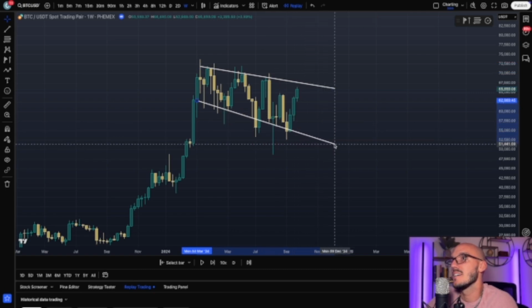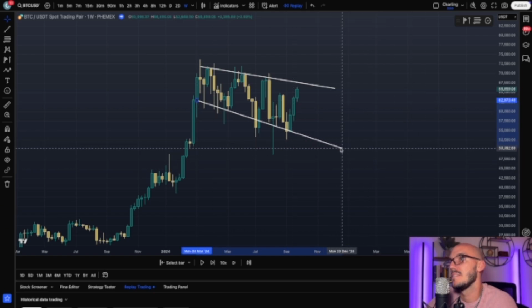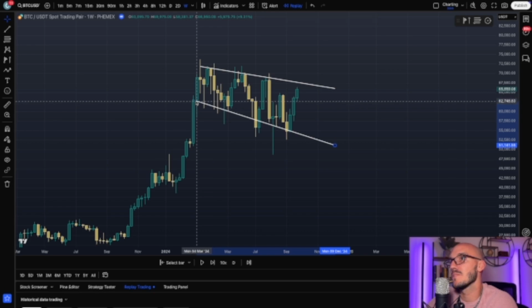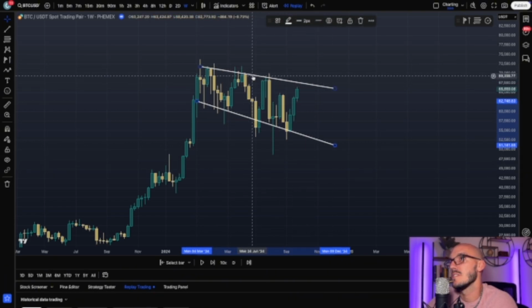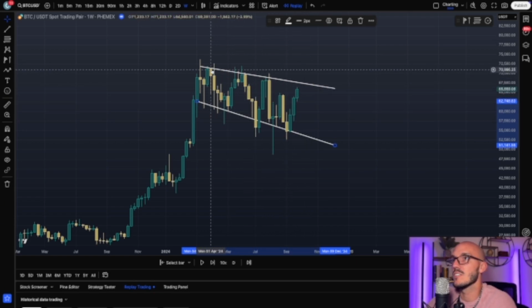You see? Now we're starting to get a better picture here. It's still trending downwards, but you had a couple fake outs. You had a fake out down here. However, the upper trend line here still looks intact. Okay. So let's continue.